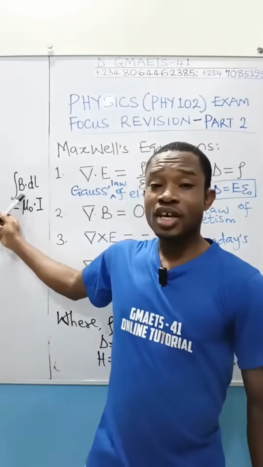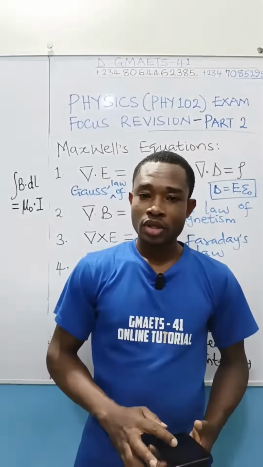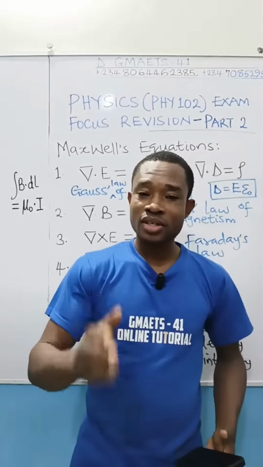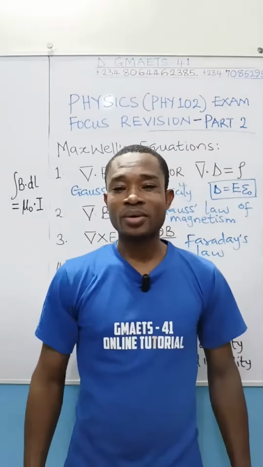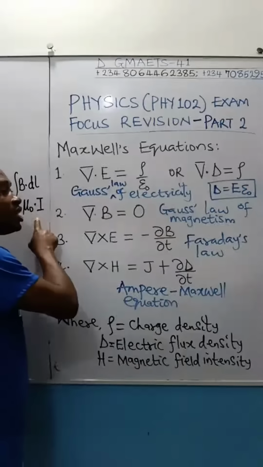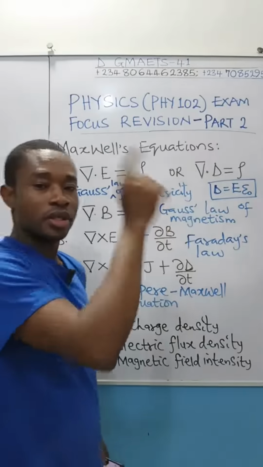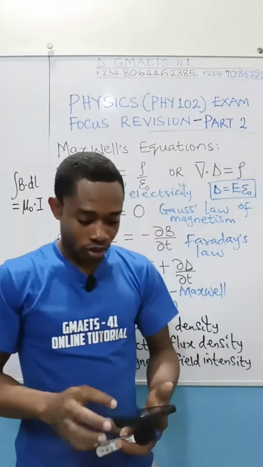This equation you're seeing here is called the Ampere-Circuital law. That Ampere-Circuital law in magnetic field is equivalent to Gauss' law in electric field.